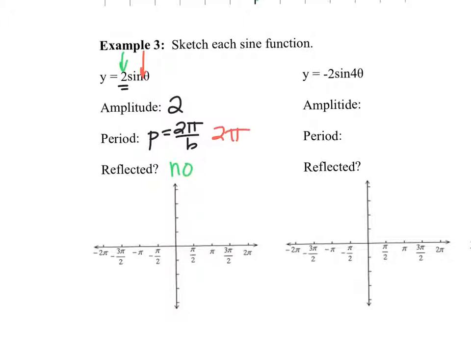So I'm going to make my amplitude be up 2, down 2. And then my period's 2 pi. And it's already broken up into fourths. And it's positive. So I'm going to go 0, max, 0, min, 0. Okay, and then I'm going to go the other way.